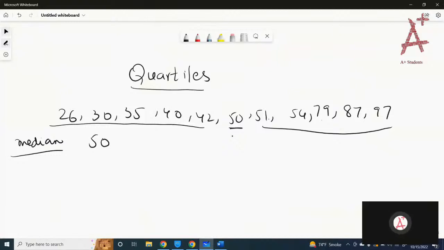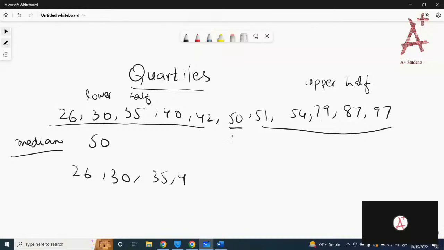Okay, so here the lower half is this one: 26, 30, 35, 40, and 42. This is the lower half, and this is the upper half. Got it? So in the lower half, 26, 30, 35, 40, and 42, the middle number is 35.